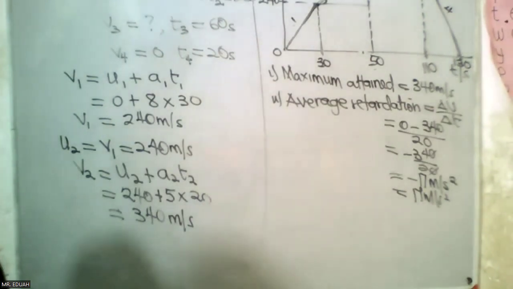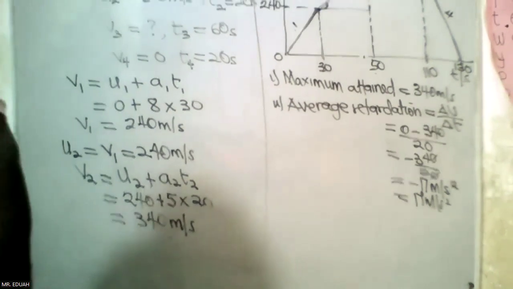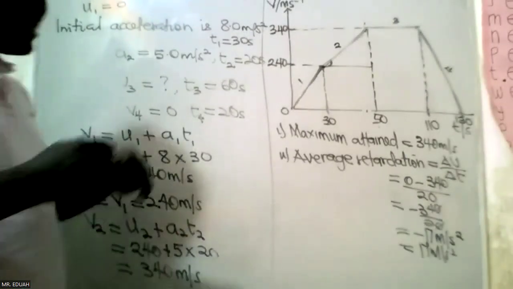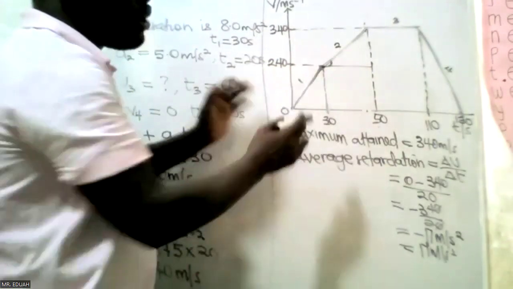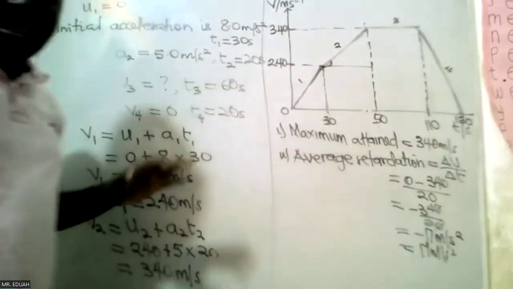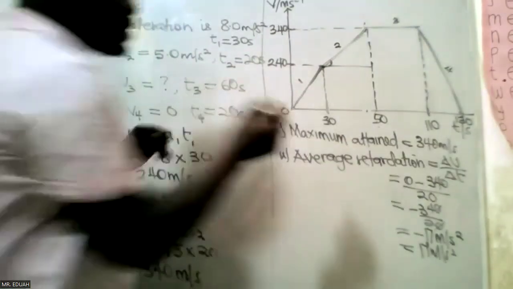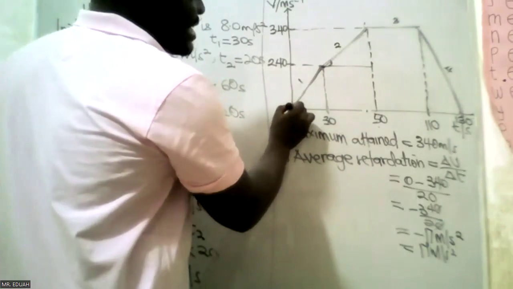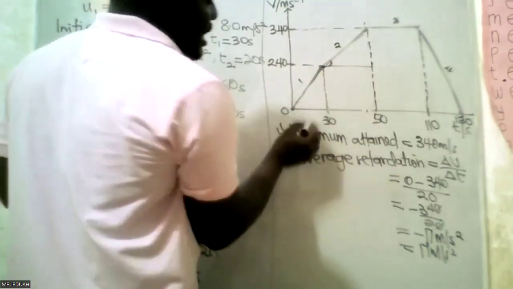Then calculate the total distance traveled during the first 50 seconds. So over here, the question doesn't demand the whole distance covered. It is only interested in the distance covered during the first 50 seconds.